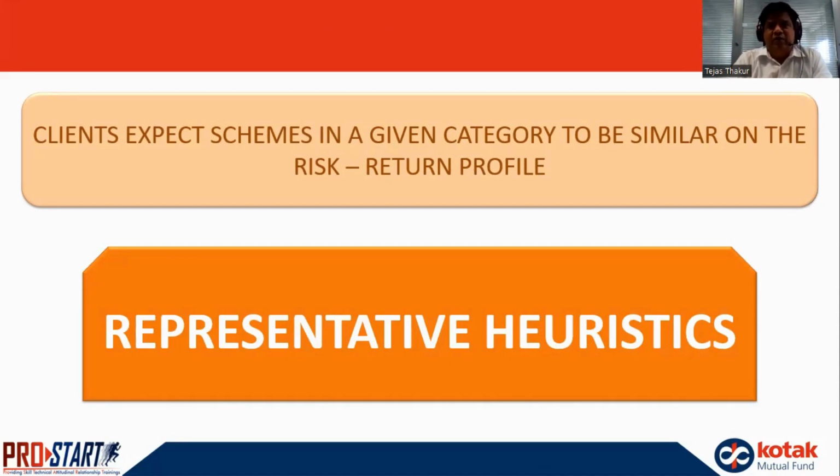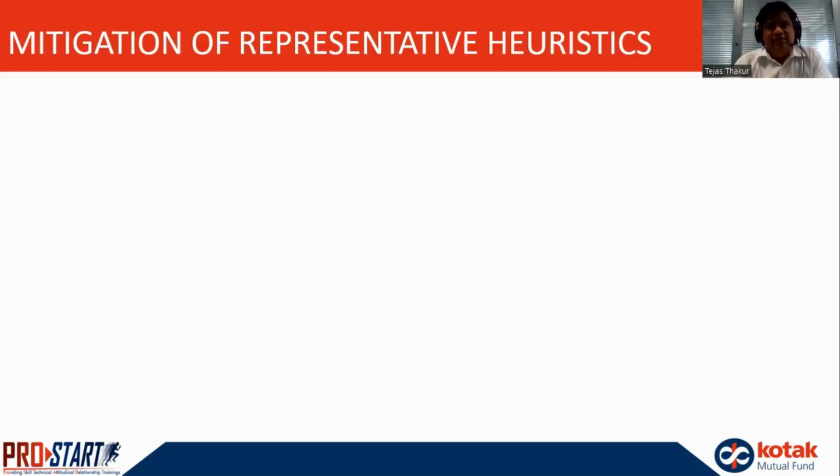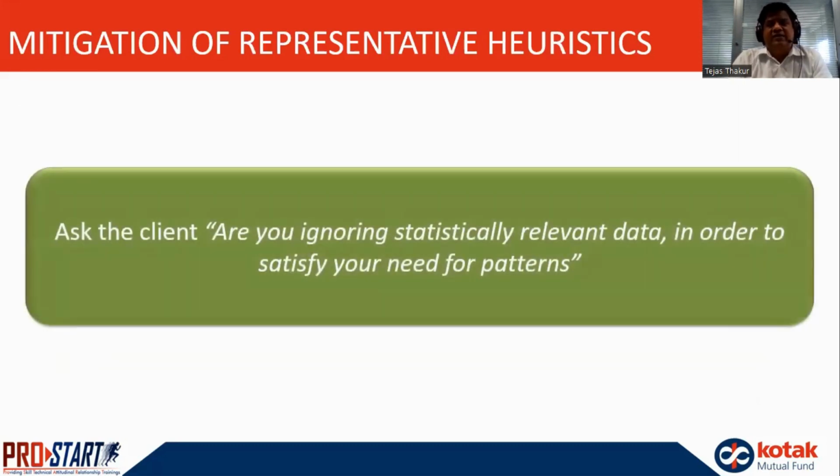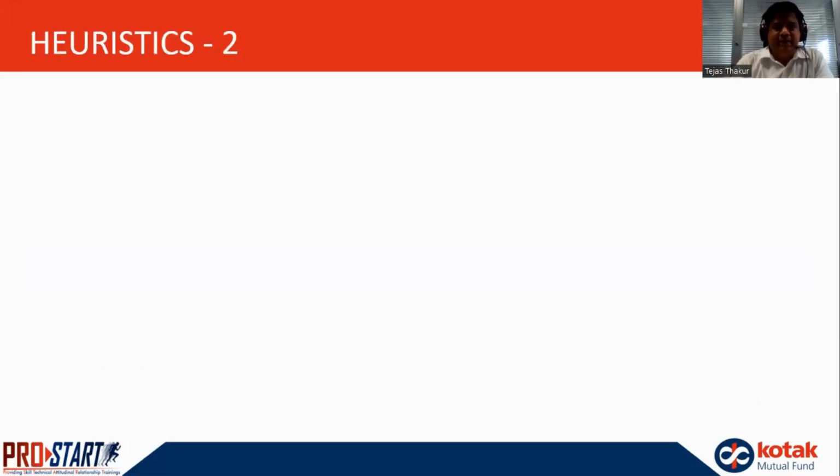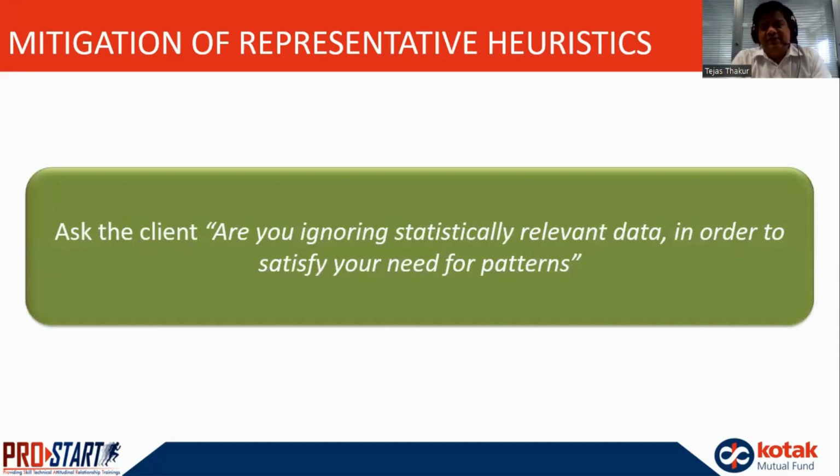So what you need to talk to the customers about is this. Let's look at the mitigation for this bias. Ask the client, are you ignoring statistically relevant data in order to satisfy your need for patterns? If this is the situation, then what do we tell the client? We tell the client in very simple terms that, boss, this is not going to be.